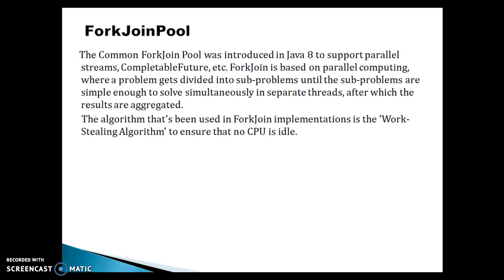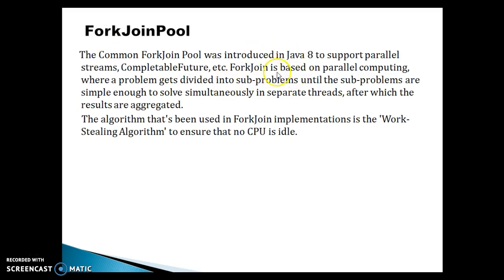The common fork join pool was introduced in Java 8 to support parallel streams. Just a few minutes ago I showed you the commonPool method, which returns the fork join pool instance. The common fork join pool was introduced in Java 8 to support parallel streams, CompletableFuture, etc. We saw the use case of CompletableFuture in previous video tutorials.